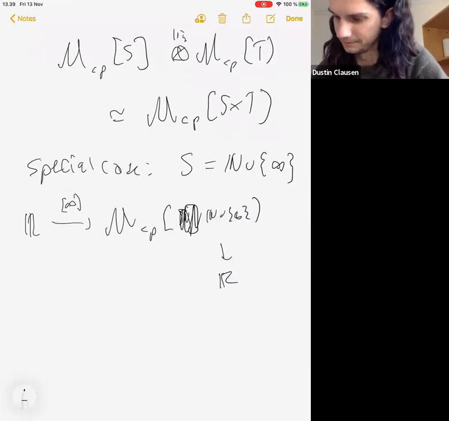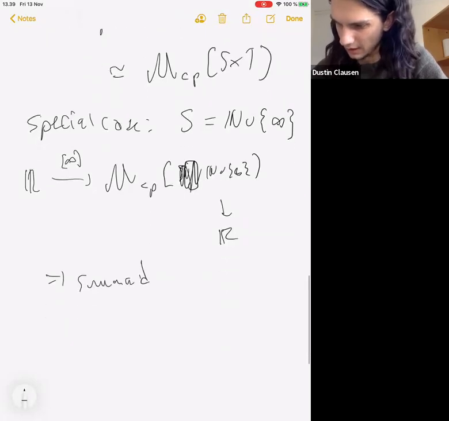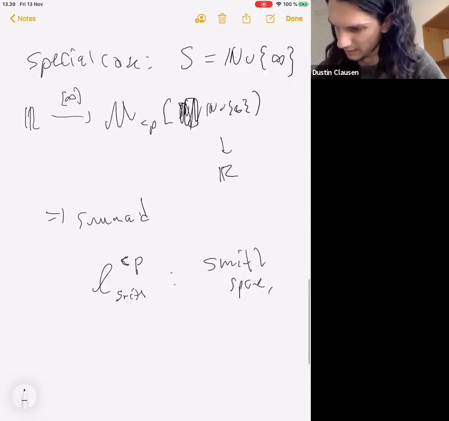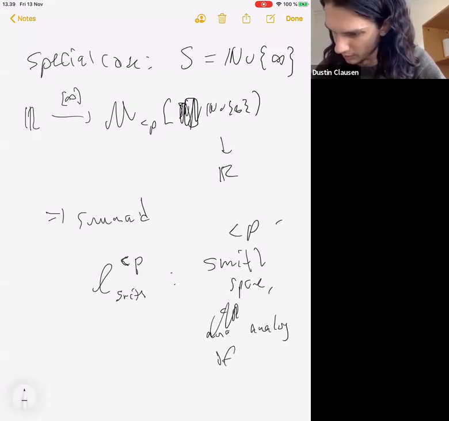So we can take the complementary summand, which we will denote L less than p. I don't know, the Smith space, I guess. It's the less than p Smith space analog of the usual sequence space.